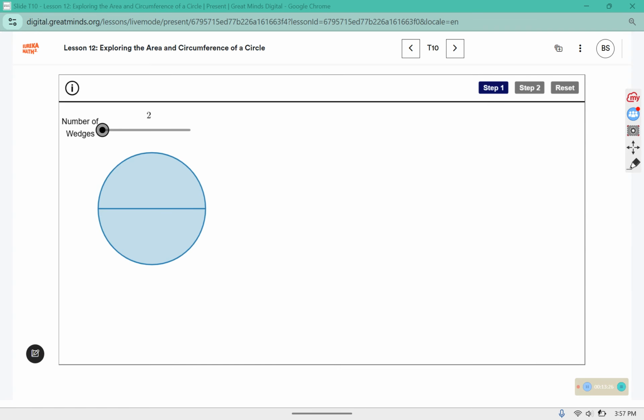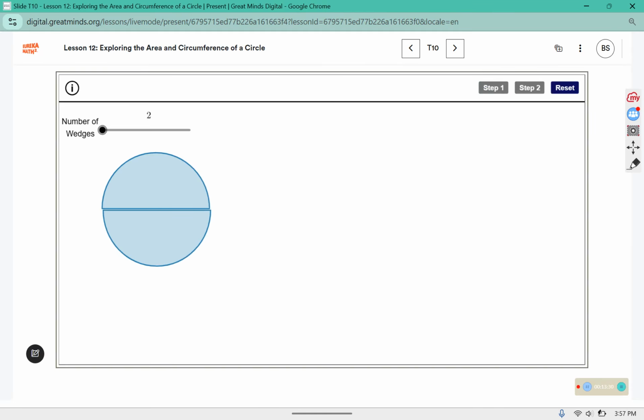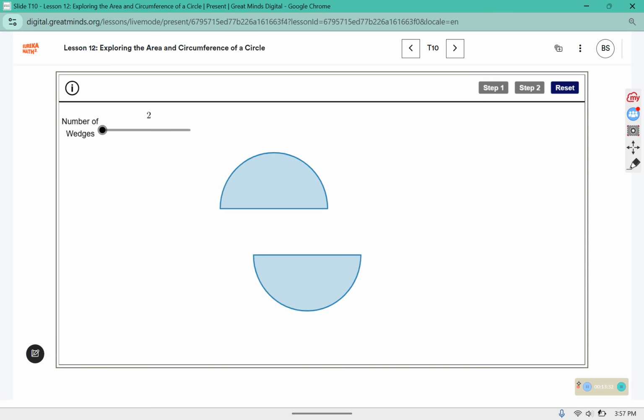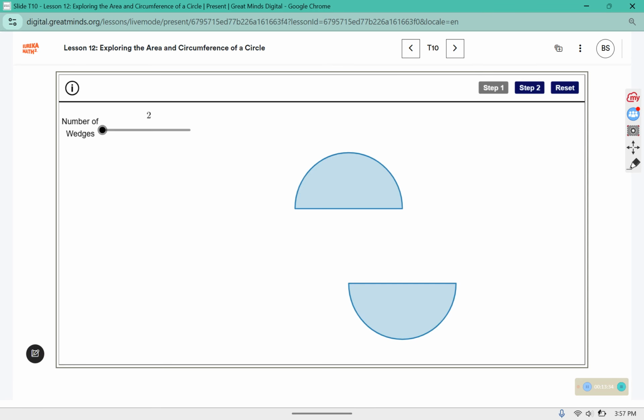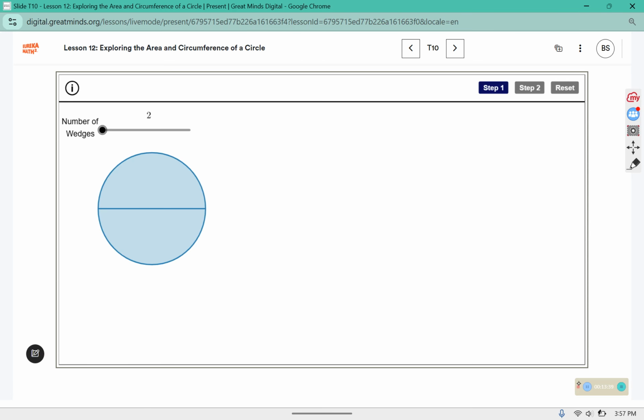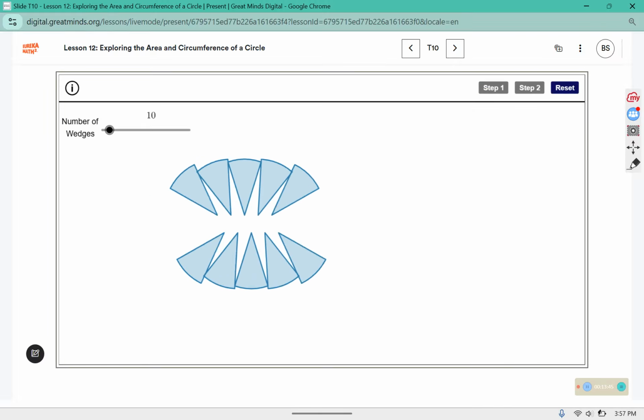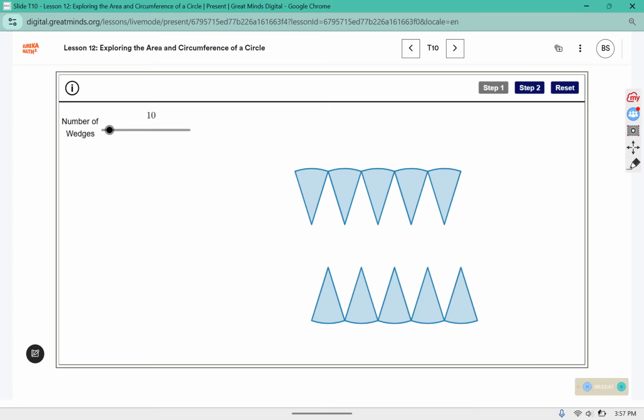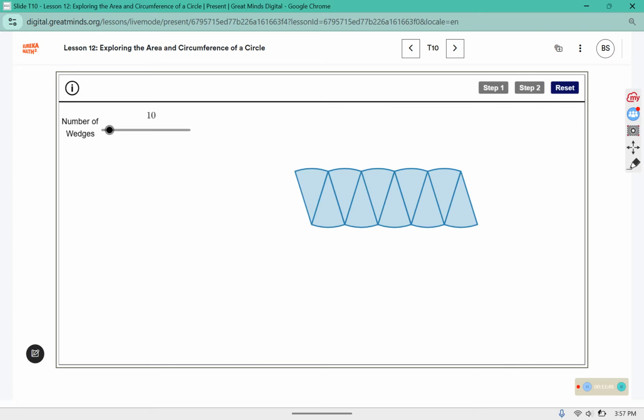So here's kind of a virtual representation of what we just did. So step 1 was we split it in half. Well, we cut it in wedges first. We did 8 wedges. Then we cut up all of our wedges and put them together.